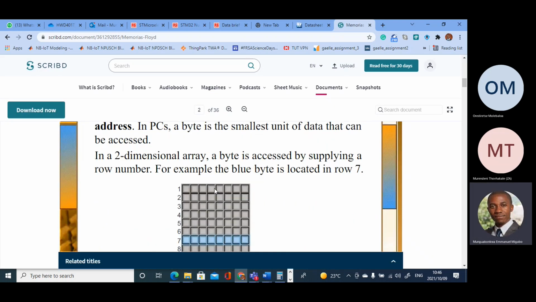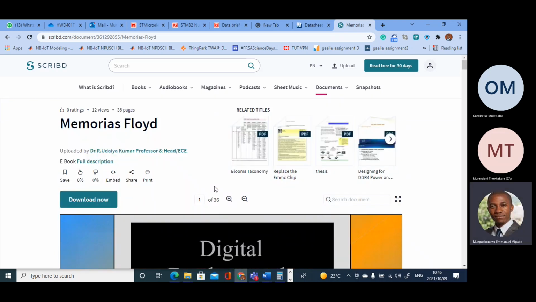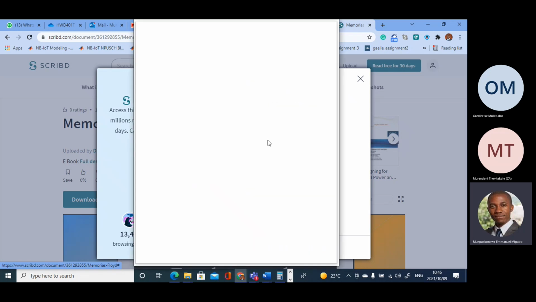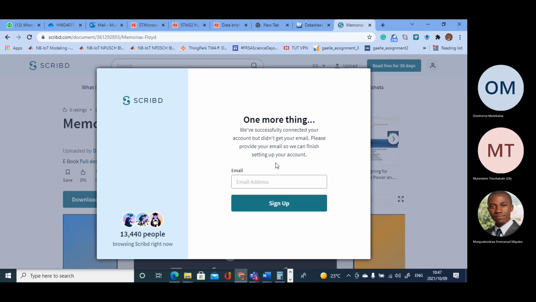Yes. The memory cell for ROM. Let's see if I can get it. This is too much now. I still have the book somewhere. If this doesn't work, then we move on. No, I don't want to sign up.